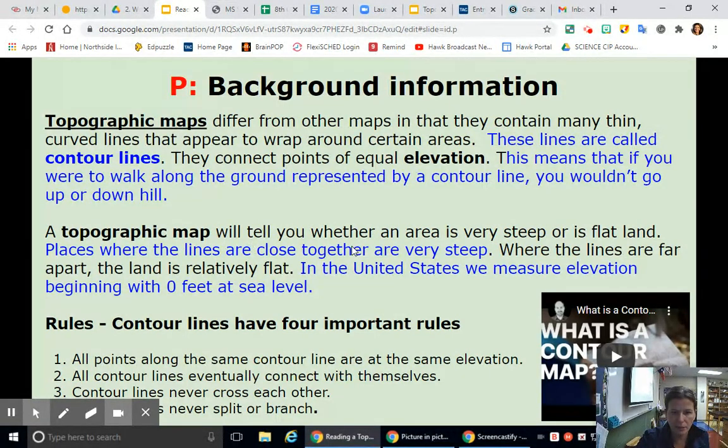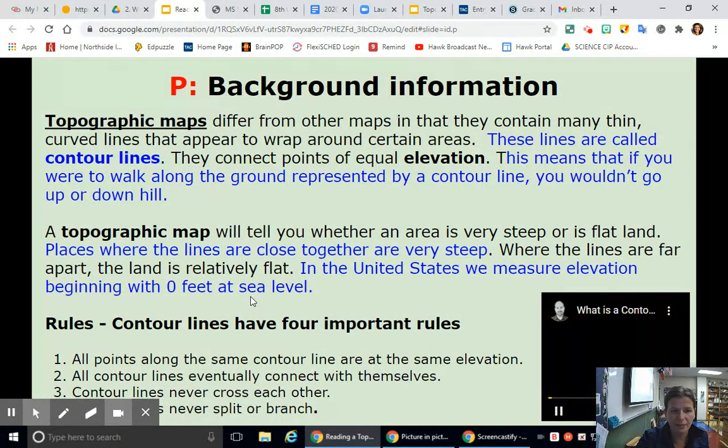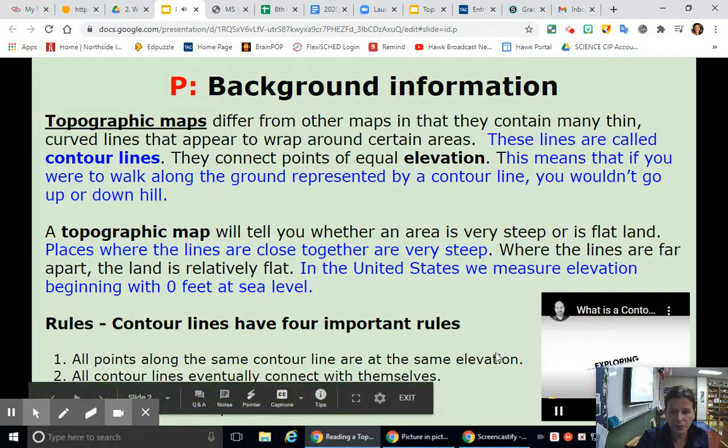A topographic map will tell you whether an area is very steep or is flat land. Places where lines are close together are very steep, where the lines are far apart the land is relatively flat. In the United States, we measure elevation beginning with 0 feet at sea level.